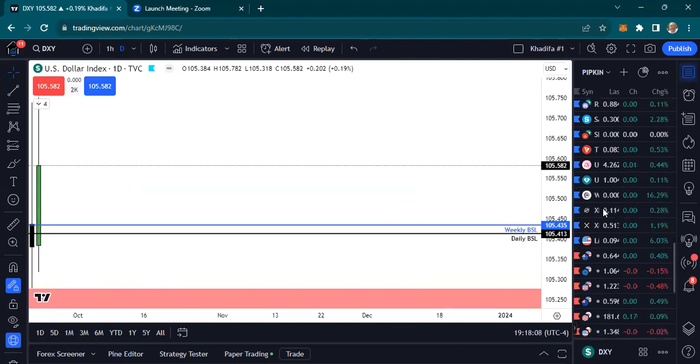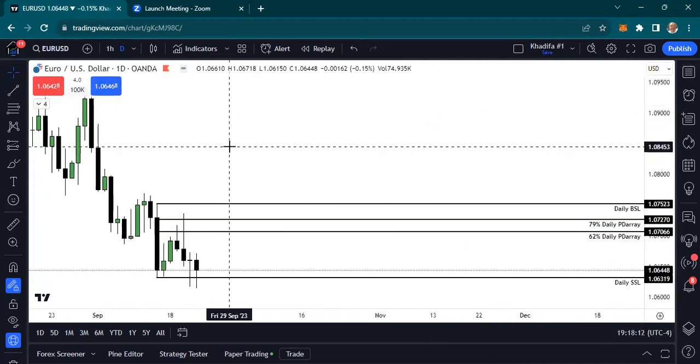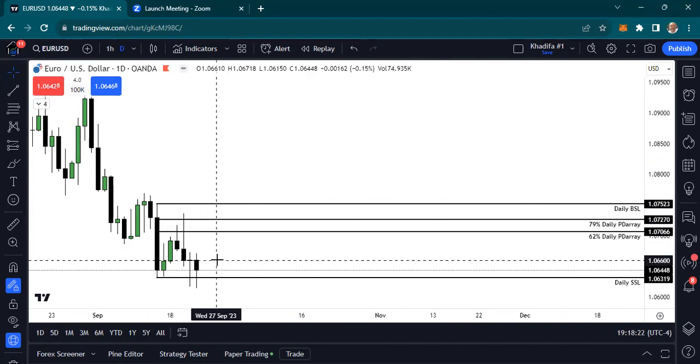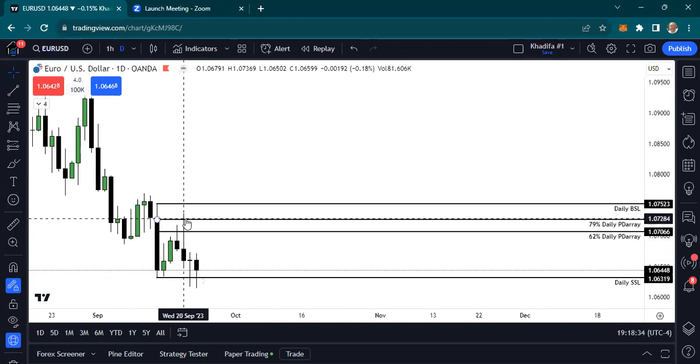So looking at currencies, right? We already know that currencies are inversely correlated with the dollar, meaning they push in the opposite direction of the dollar, right? So if I was bearish opening up the week for the dollar, you know that means I was bullish opening up the week for currencies. And I wanted to see price pull up into the previous week's premium PD arrays, and we see we got that, right?